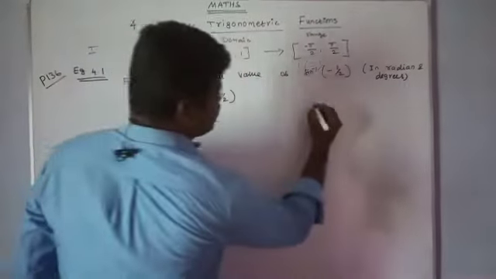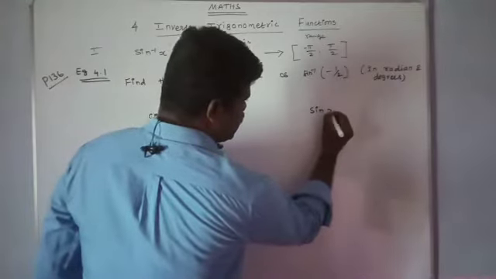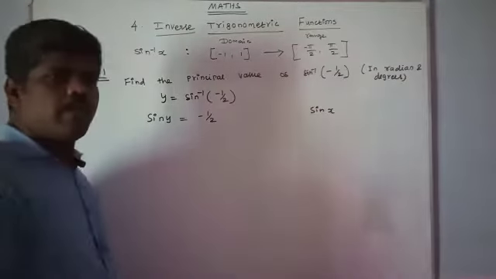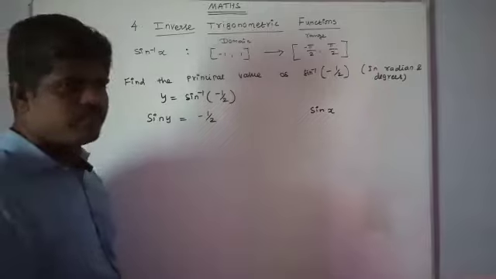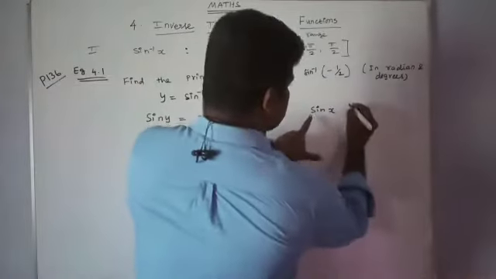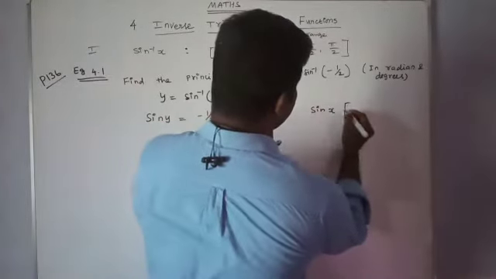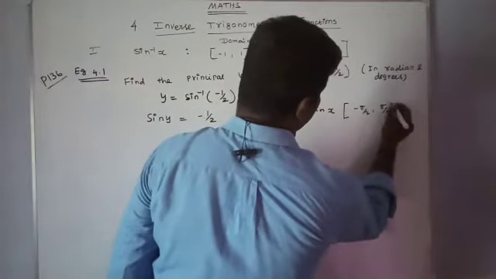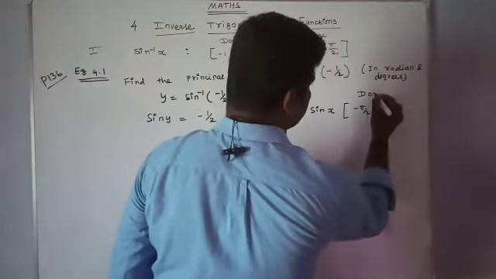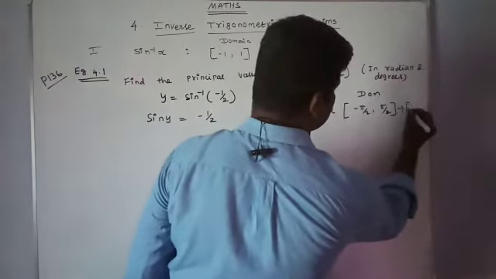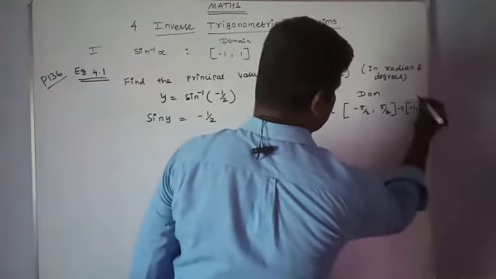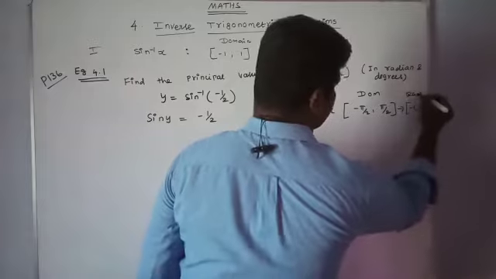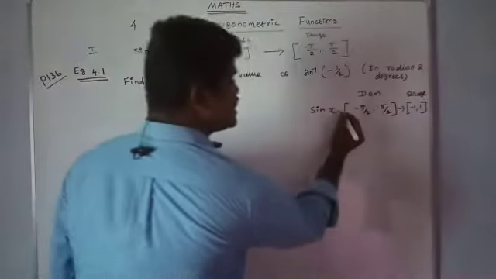First, we know the domain and range of sin x. The domain is minus pi by 2 to plus pi by 2, and the range is minus 1 to plus 1. This is the range of sin x.